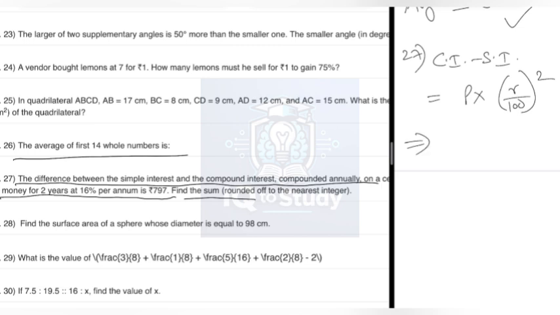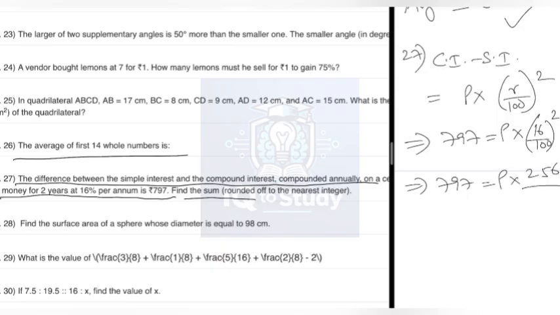In the question, CI minus SI is given as 797 and R is 16% per annum, so 16 by 100 whole square, which implies 797 is equal to P into 256 by 10,000.